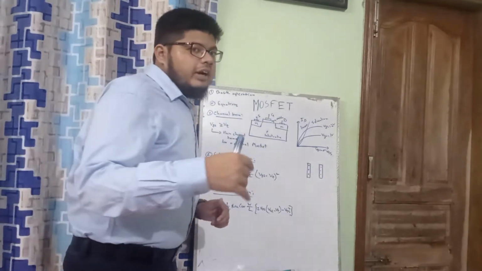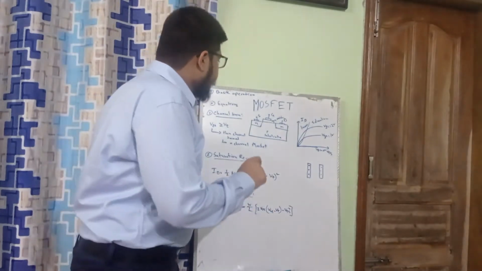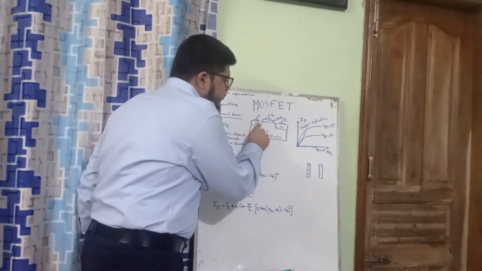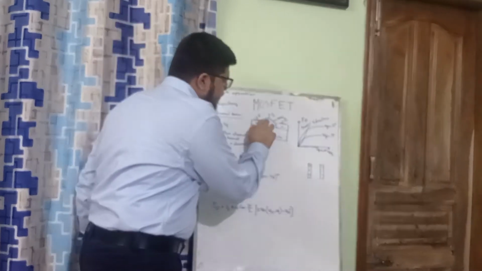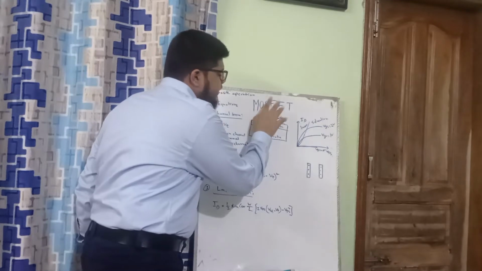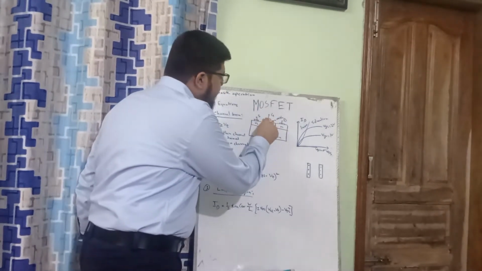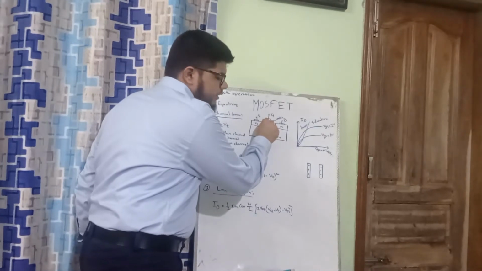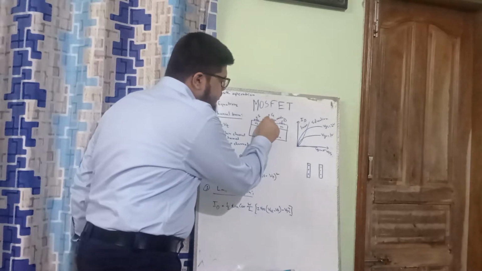Here you see this is N-type region, this is N-type region, this is P-type region, and this is the oxide layer. That's why it is called metal oxide semiconductor. Basically we use silicon dioxide here, and this is also a metal. As a result, this is like a capacitor.